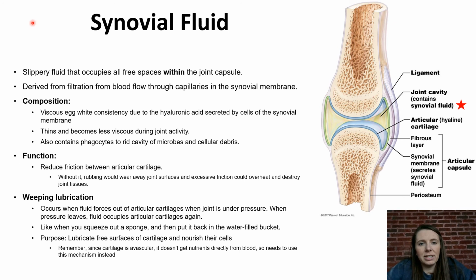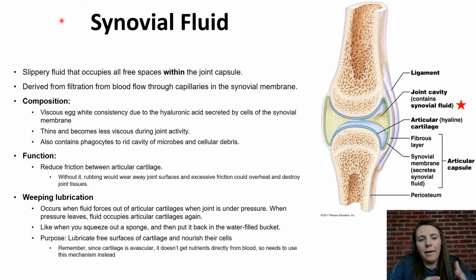I just mentioned that the synovial membrane's function is to make synovial fluid, but what is synovial fluid? Essentially, it's this slippery fluid that is going to occupy any free space inside of this joint capsule. Remember, I said the joint cavity is this potential space, and inside of this cavity is where the synovial fluid would be located.